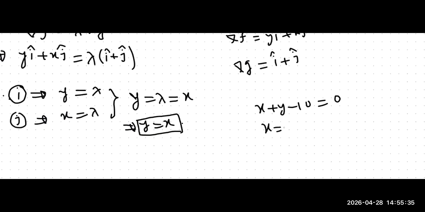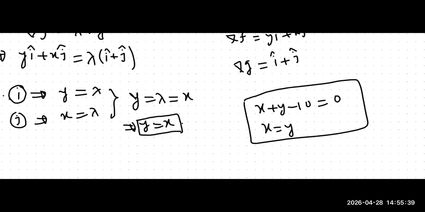If we solve these two equations, we will get exactly one solution for x comma y. Putting y equal to x into the first equation, x plus x minus 10 equal to 0.